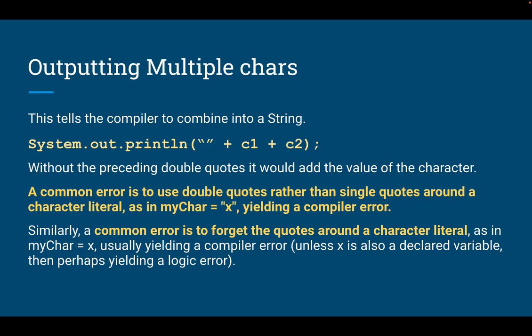All right. So when we're outputting multiple chars, and we want them to be compiled into a string, we have to do some crazy stuff. Because if I put a char plus char inside of a System.out.println without the double quotes there, what do you think it would produce?